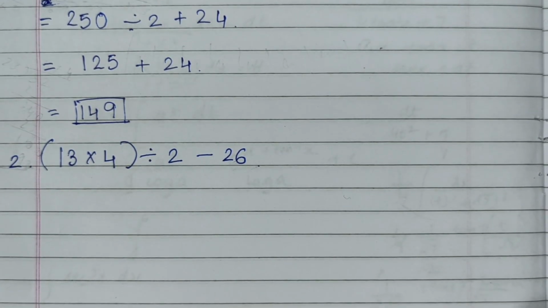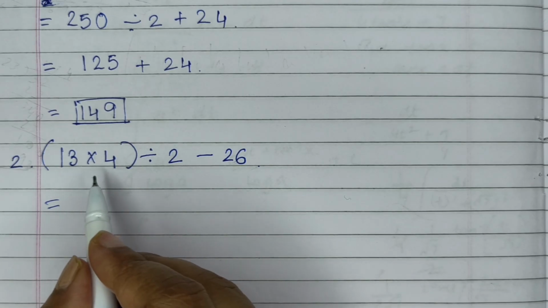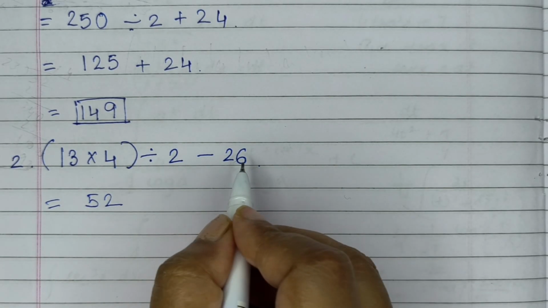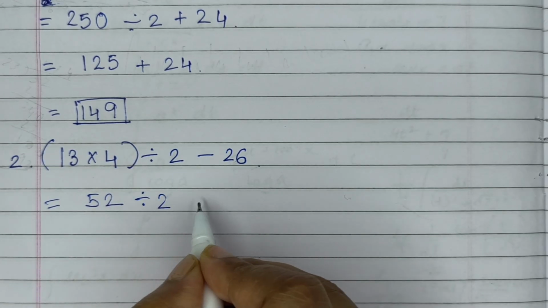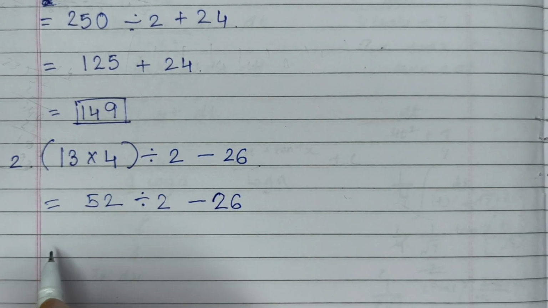Now see the second sum. We have 13 multiplied by 4. What I told you, first we will always solve the bracket. In the first sum we did not have a bracket, but here we have a bracket. So first step is always solve the bracket. 13 4s are 52. The rest of this expression you write as it is.